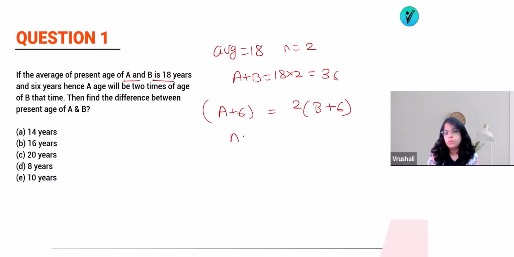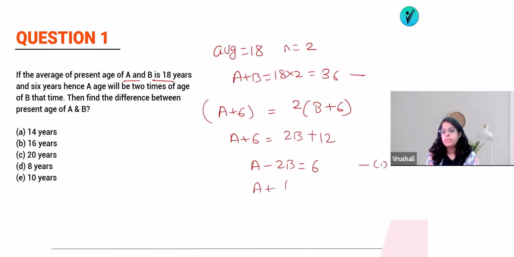So if you solve it, you will get A plus 6 is equal to 2B plus 12. So you can see A minus 2B is equal to 6. This is your first equation. And this was my one more equation, A plus B is equal to 36. So if you solve it, what will you get?